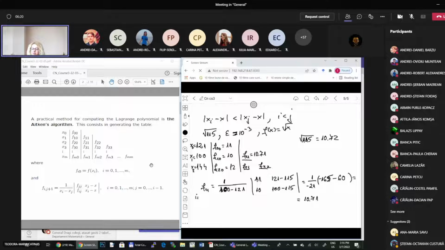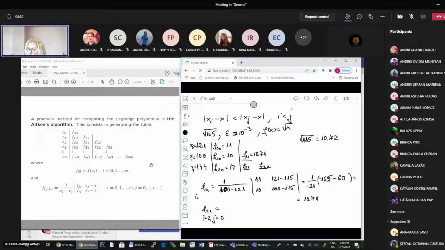Even from the first step, you see that we are close to the real value, just using 2 points. Then using another point, x2, we will get F21 and then F22. F21, I just write, we don't finish this line; you will finish during the lab. So i is 2, j is 0.